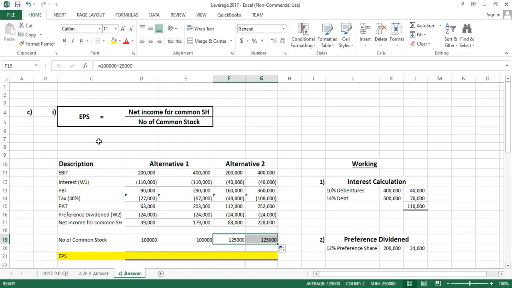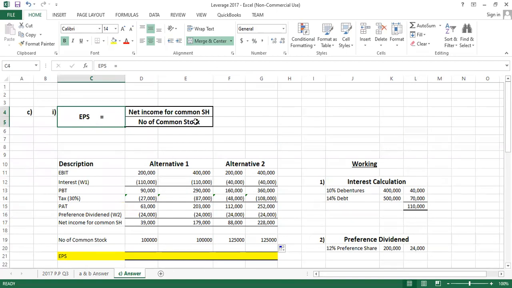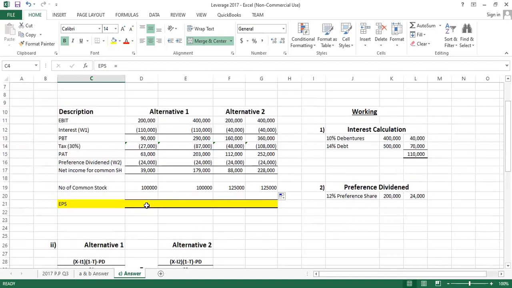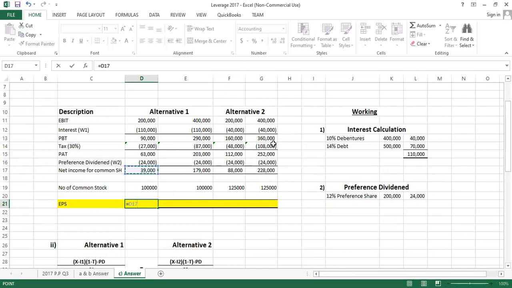So apply this formula to calculate the earnings per share. Earnings per share equals net income for common shareholders divided by number of common stock. This is the formula to calculate the EPS. Let's see how to calculate it.